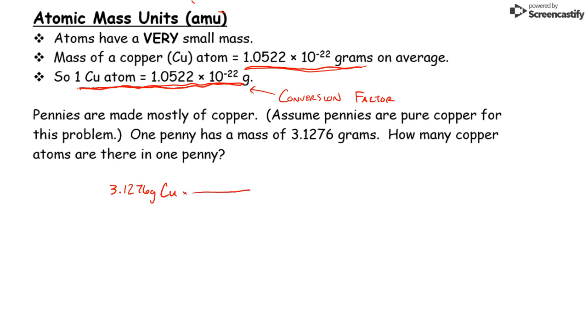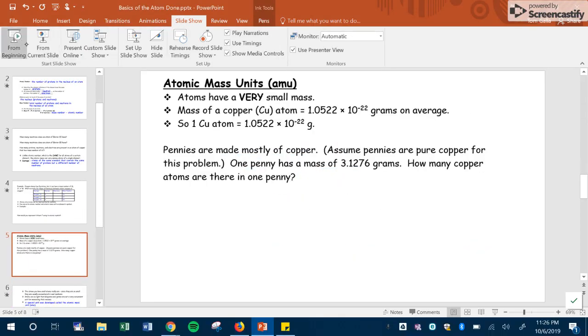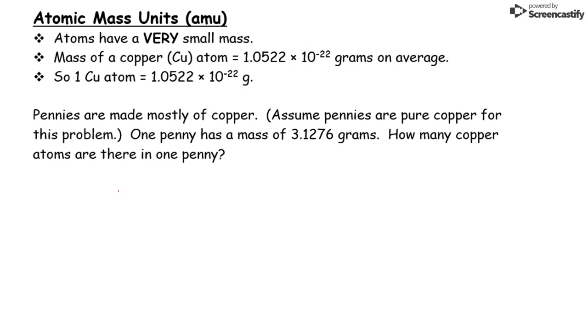And so as we start our factor labeling, since remember we're talking about the number of atoms, we're going to put one atom of copper on top over our 1.0522 times 10 to the negative 22nd grams.